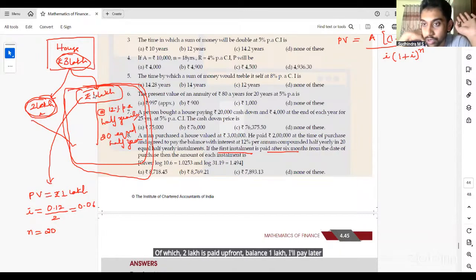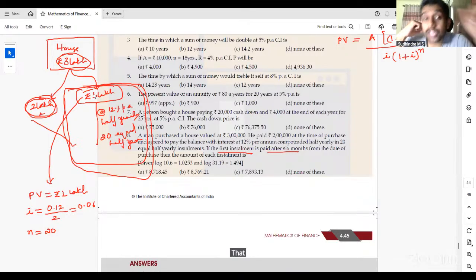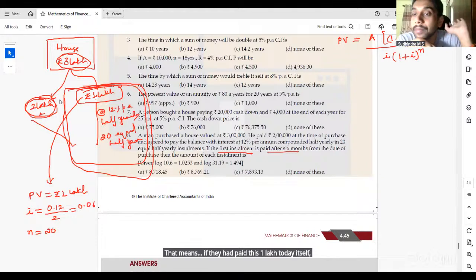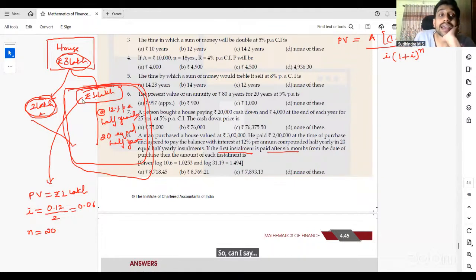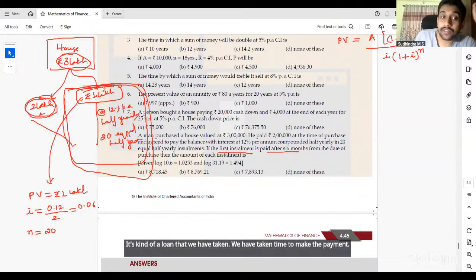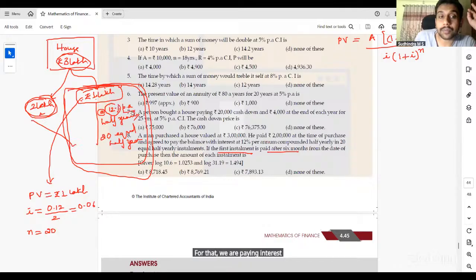That means if they had paid this 1 lakh today itself, there is no further payment in future. So can I say this 1 lakh is the present value of the loan that we have taken? We have taken time to make the payment, and for that we are paying interest at 12% per annum, half yearly. So this 1 lakh is present value.